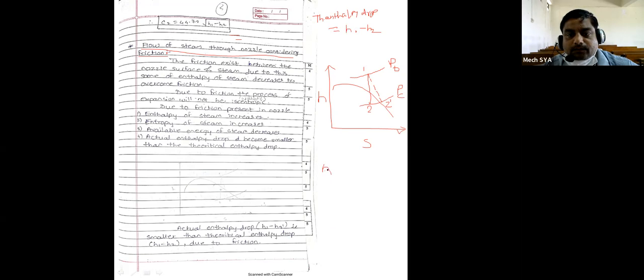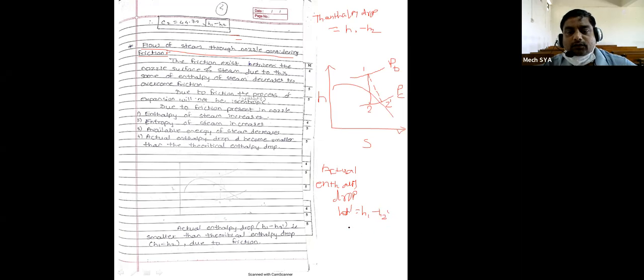Anybody? Actual enthalpy drop, or we can say H-D dash, is equal to H1 minus H2 dash.